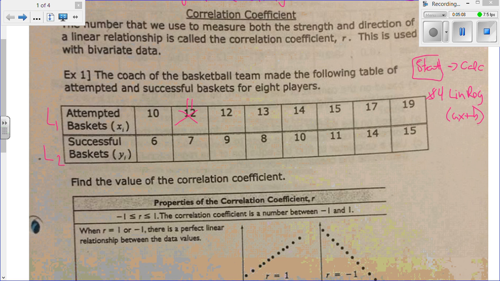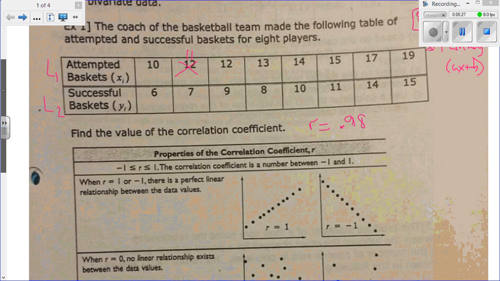And in this case, a correlation coefficient, and we usually talk about them to the nearest hundredths, would be 0.98. When we have correlation coefficients, they fall between -1 and +1. Okay?